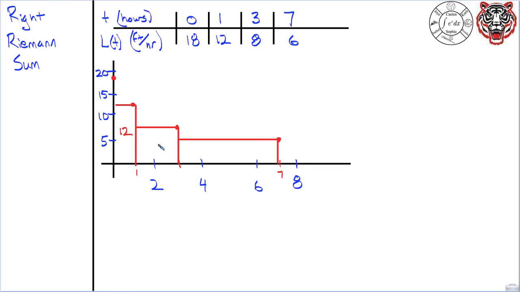This next one is going to be 2 by 8, 16, and 6 by 4, okay, 24. Perfect. That means that we can say the integral from 0 to 7 of L of t dt is now approximately equal to 52 feet.